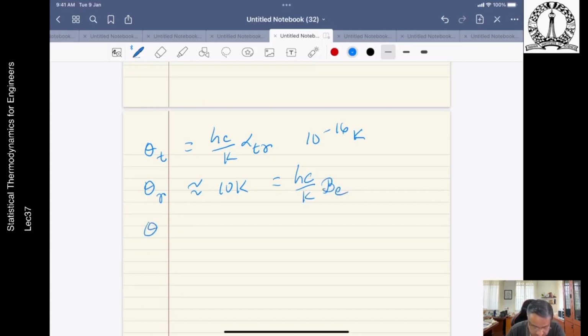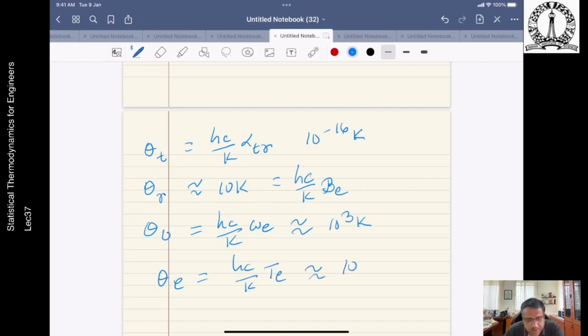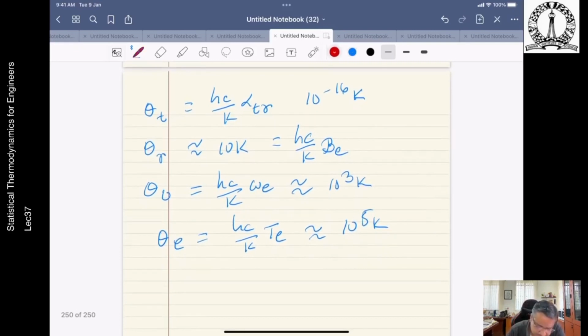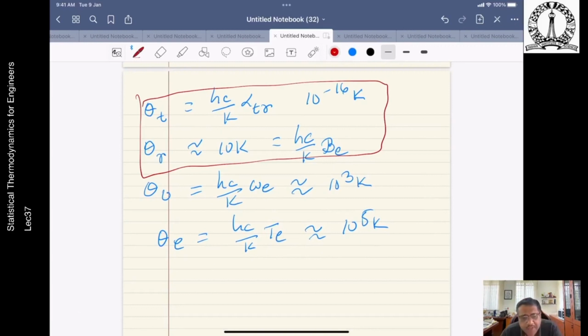And then you have theta vibration, which is equal to hc by k into omega E, which is also more or less 10 to the power of 3 K. And then we have the electronic mode, which is hc by k into Te, which is 10 to the power of 5 K.